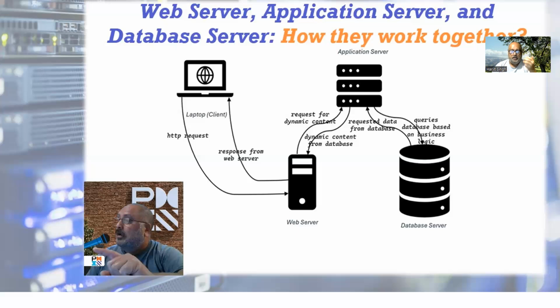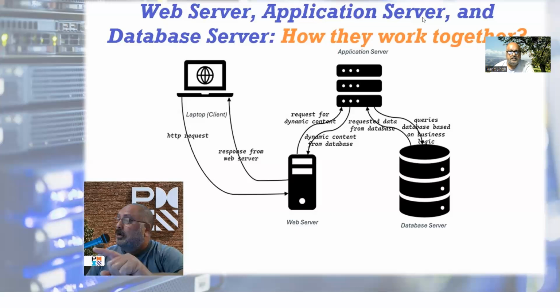The client request initiates from the laptop. So when we type our web address, HTTP or HTTPS colon forward slash and the address, www something, what happens is we enter the URL in the browser, and that request goes to the web server.